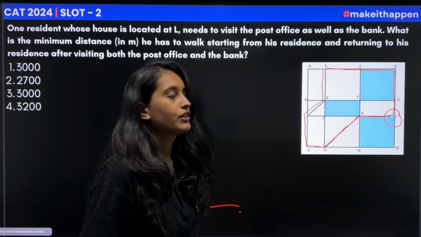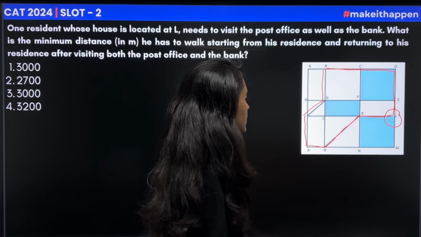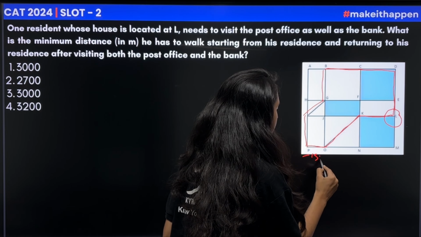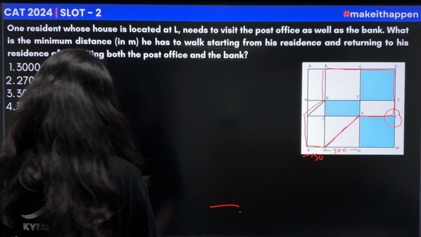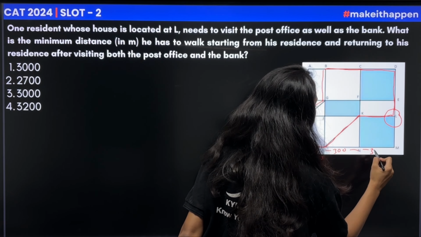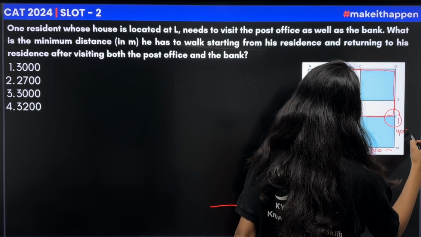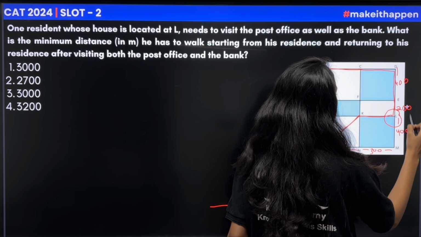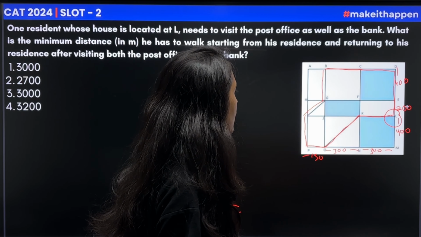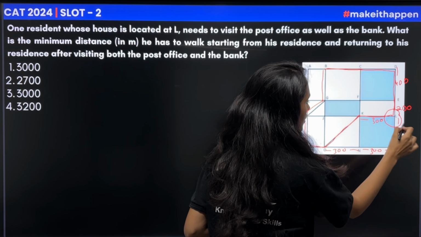As we can't move through diagonals, there is no walkway there. Now, this was 150, this was 300 and this was also 300, this was 400, this also 400 and this is 200, and this is 300.